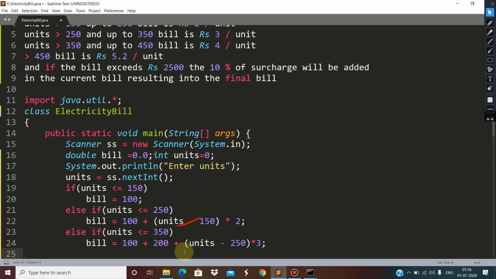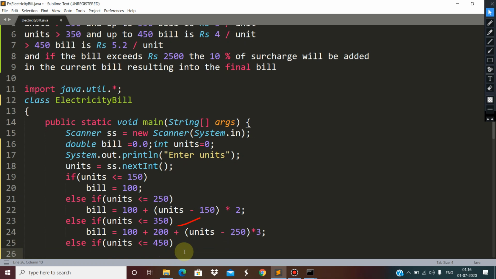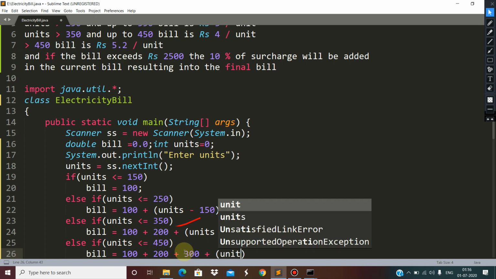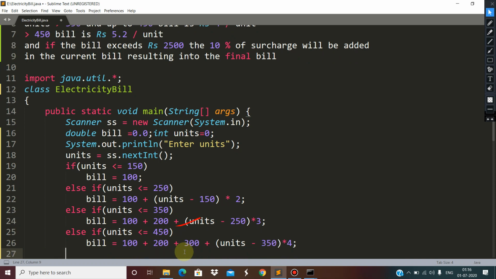And now the next one is else if units are less than or equals to 450, then bill is 100 plus 200 plus 300 plus units minus 350 into 4, which is the rate of 4 rupees per unit.